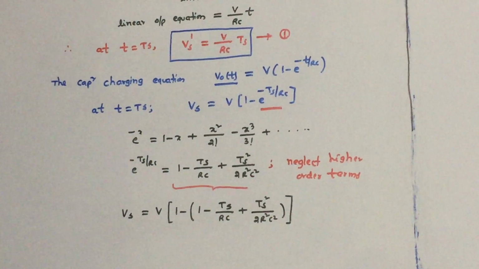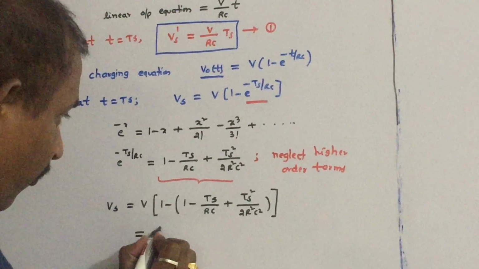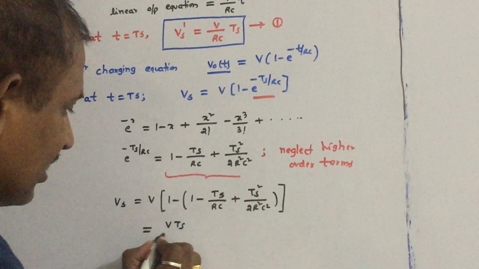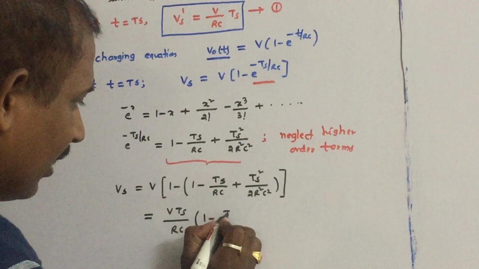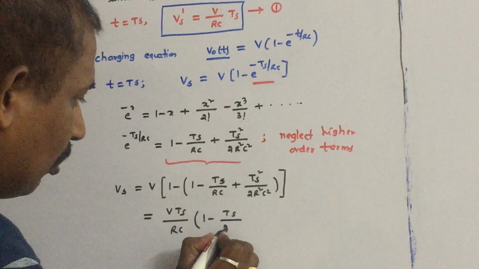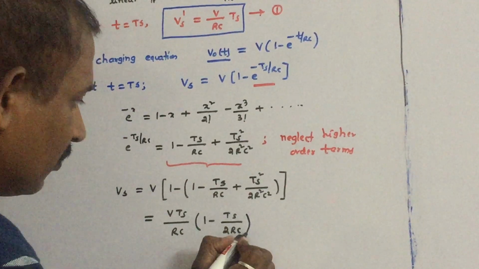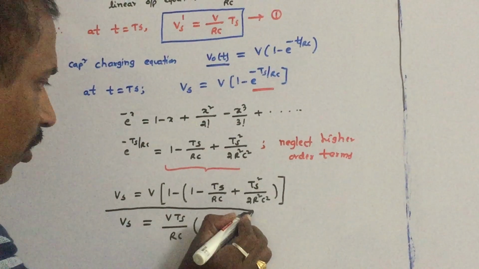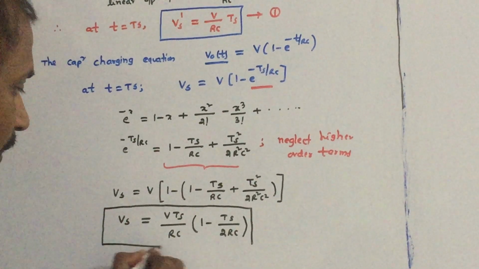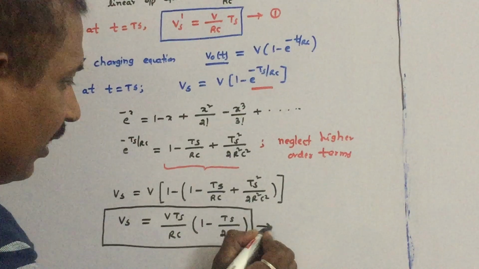You can easily say that 1 gets cancelled out. If you take Ts by RC as common, you get 1 minus Ts by 2RC. So this is the Vs. Let us say this is equation 2.